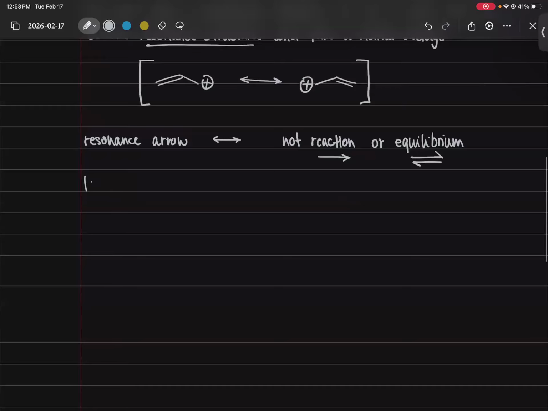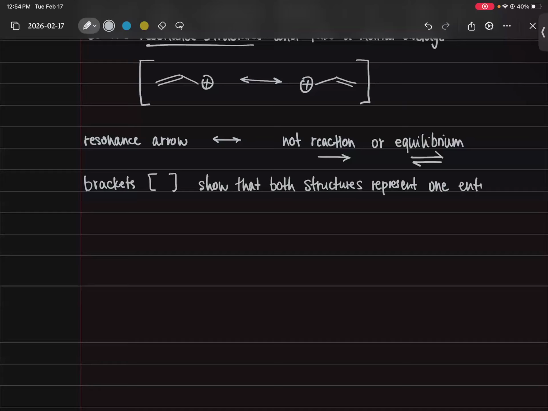Okay, and then we also have the brackets, and these tell us that both of the structures represent one entity.